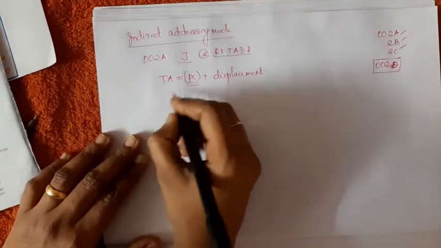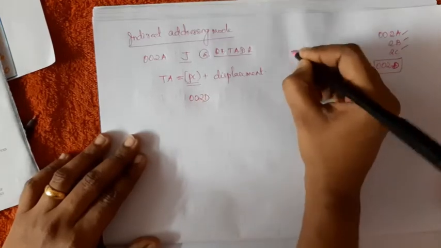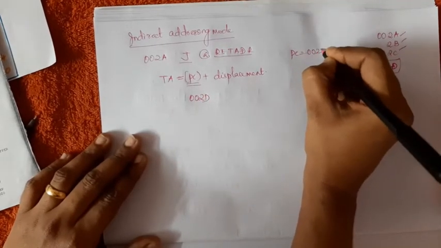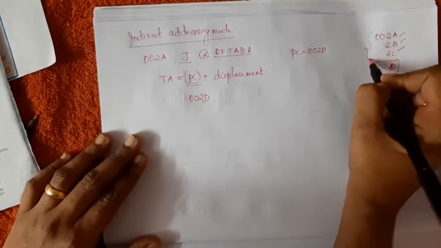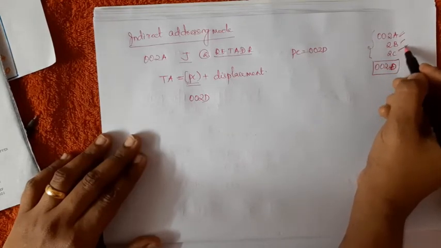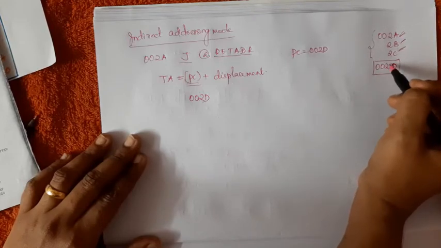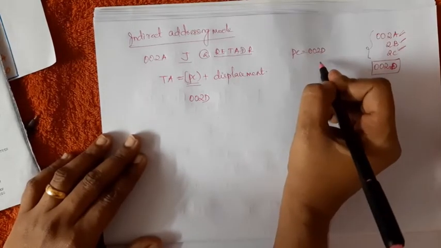Now we write program counter is 2D. As we are using a 3-byte instruction, move each byte: 1 byte, 2 bytes, 3 bytes, and the fourth byte is taken by the program counter.